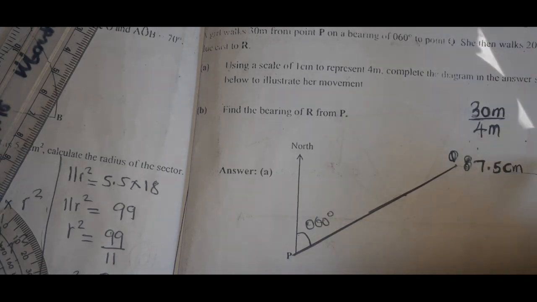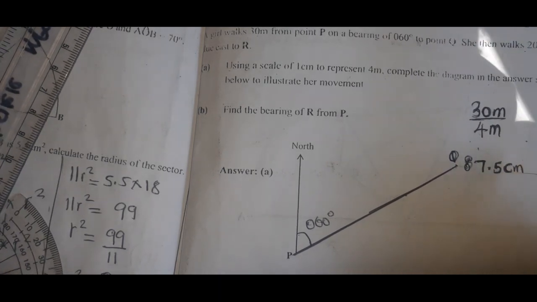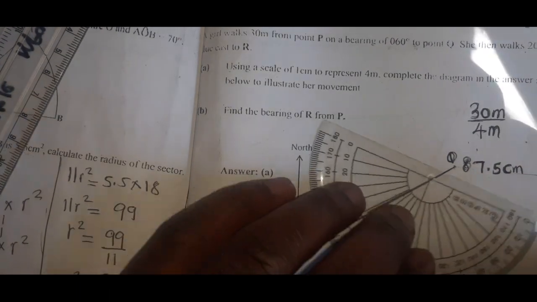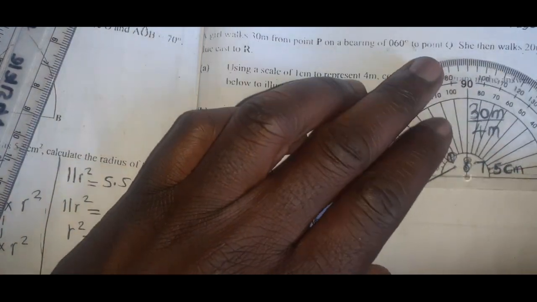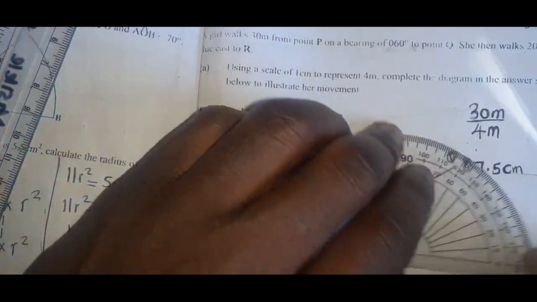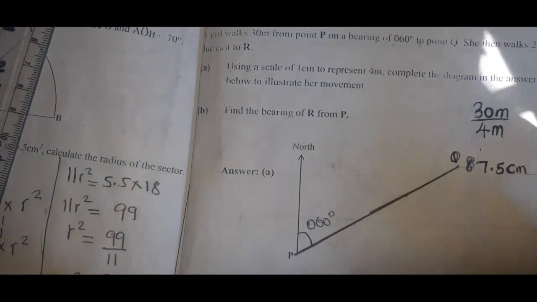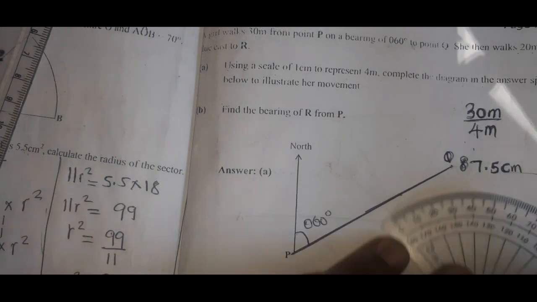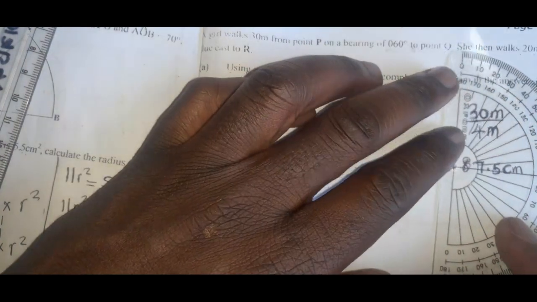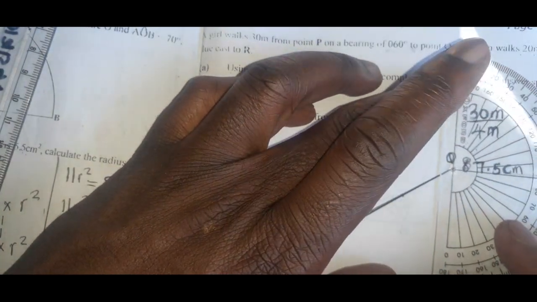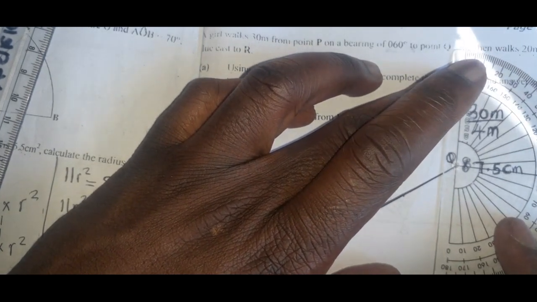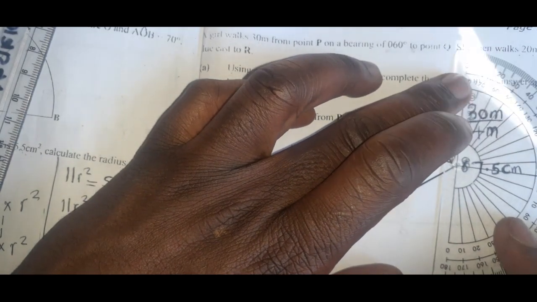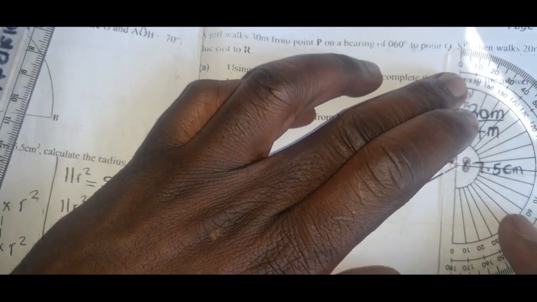So since we have converted these meters into centimeters, we're going to measure 5 centimeters. So just from this point here, okay, just want to have my 90 degree.